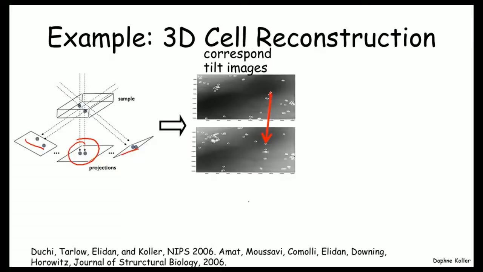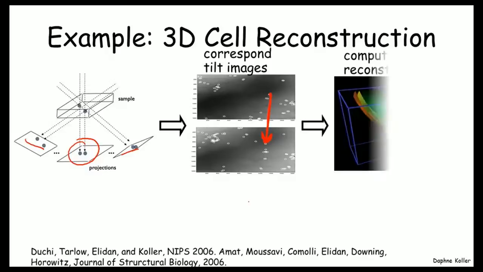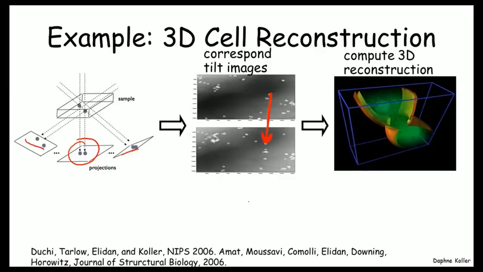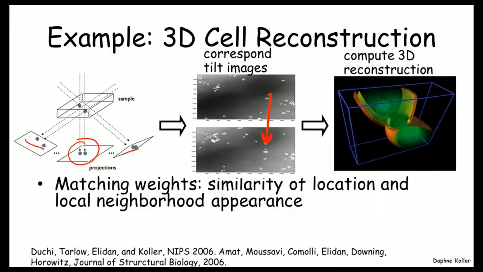So try to figure out that this bead corresponds to this bead over there. And from that, we can then subsequently obtain the 3D reconstruction. Now, when we last talked about this, we described this as a matching problem, where the matching weights between a point here and the point here are derived from the similarity of both the location in the 2D slice and the appearance of the local neighborhood.